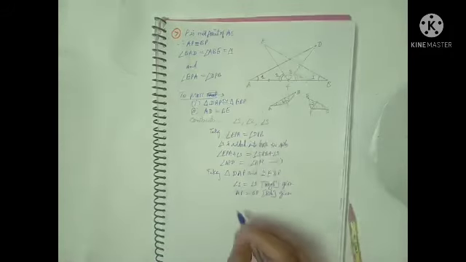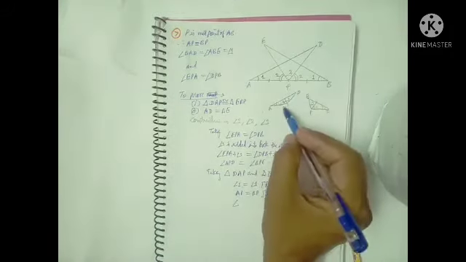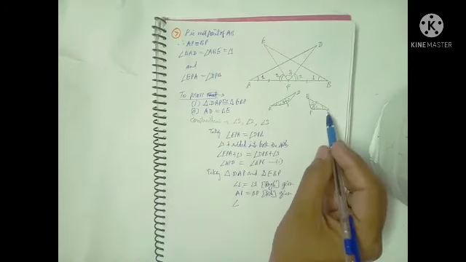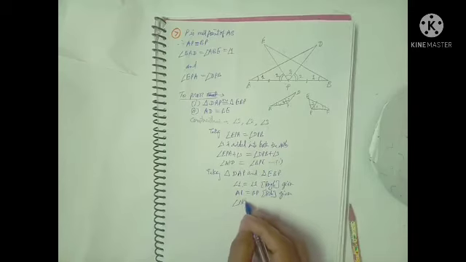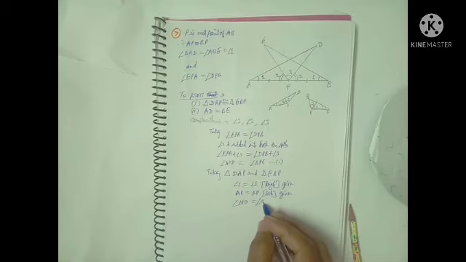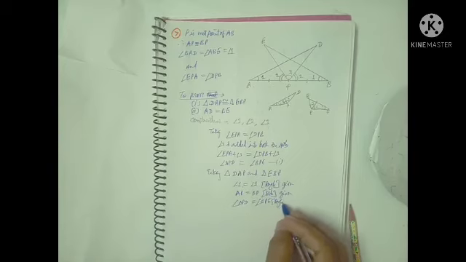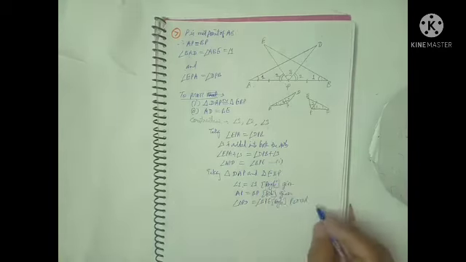Then the third, this angle, which one? Angle APD and angle BPE. See, angle APD is equal to angle BPE. This is the angle, and the reason is proved here, Equation 1.